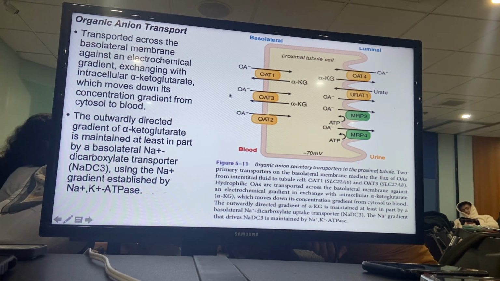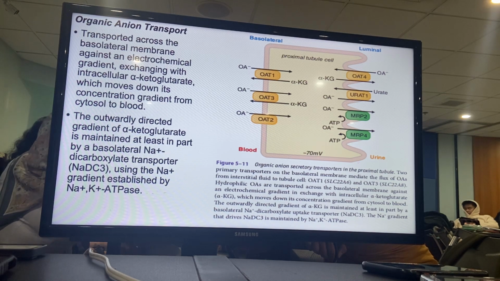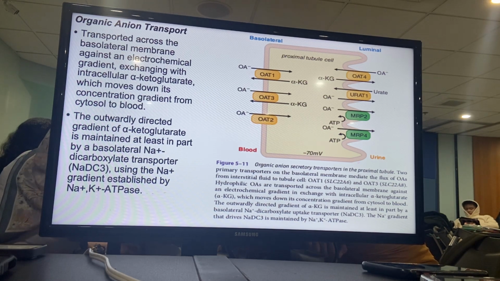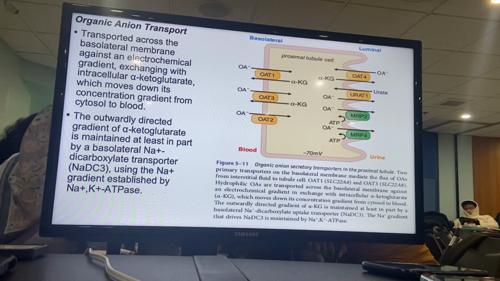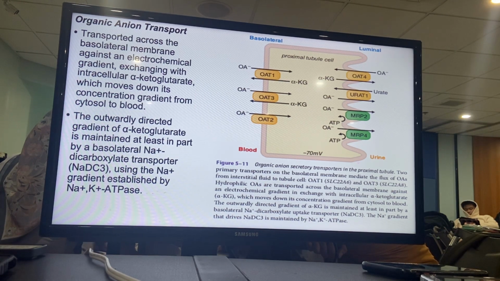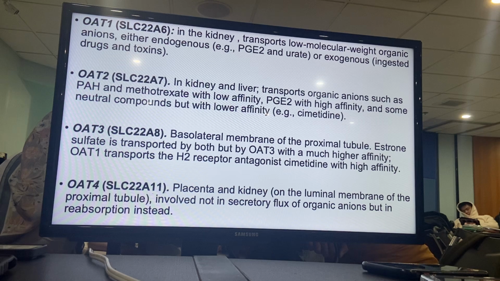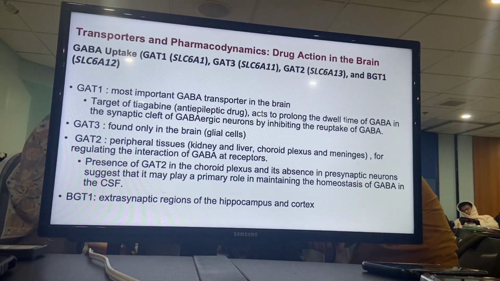Alpha ketoglutarate. Where do you find alpha ketoglutarate? In the Krebs cycle, right? You need that because it's very much needed in organic anion transport. Alpha ketoglutarate moves down its concentration gradient, and the OAT transporter moves against its concentration gradient. Okay, so these are some examples of your OAT transporters.